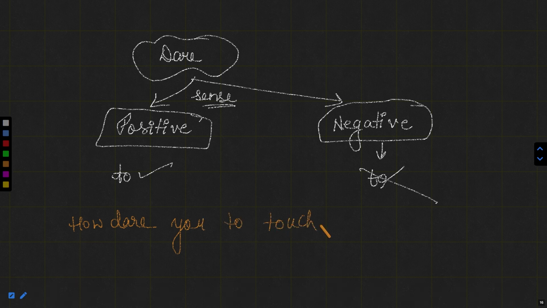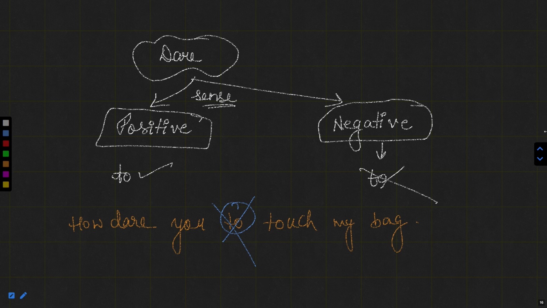Of course, it is a negative sense, so I cannot add "to" over here. The correct sentence will be, "How dare you touch my bag?" It means I'm very angry, and I'm saying that it is not your business. This will be the correct sentence.